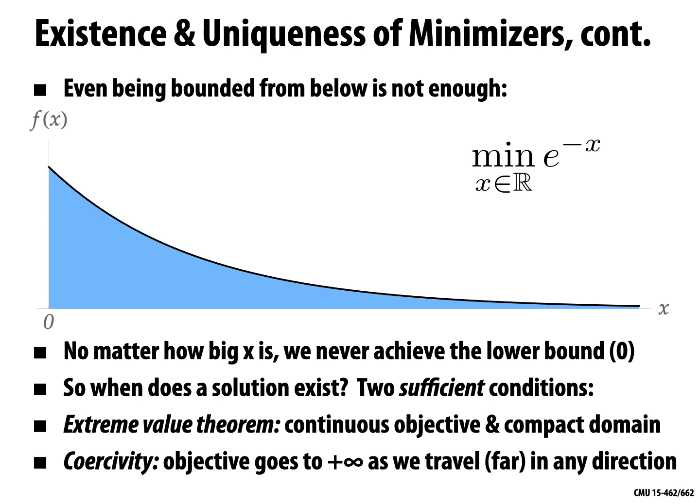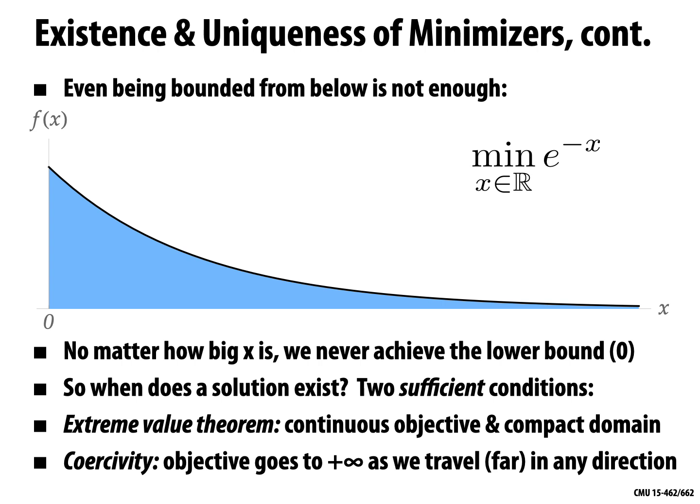As x gets bigger and bigger and bigger, the value is not going towards positive infinity. It's not looking more and more like a steep wall, right? It's getting smaller and smaller. So coercivity is kind of saying there's going to be a global minimum because if you allow yourself to get too far from the origin, things are just going to keep going up. That's not a good place to look.